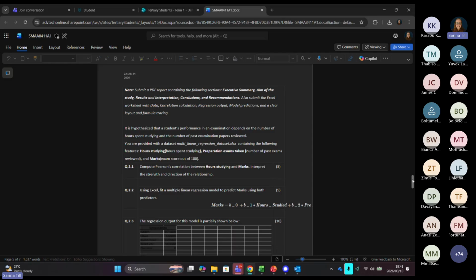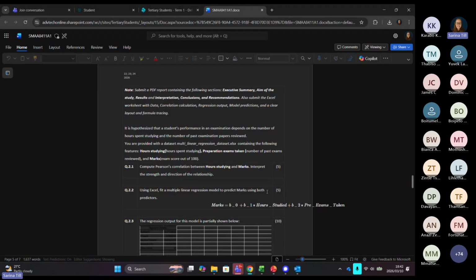Then they're going to say, using Excel, fit a multiple linear regression model to predict marks using both predictors. So remember what I told you guys: even though I have taught you to work out your slope and your intercept manually, you do not have to do this in the assignment.